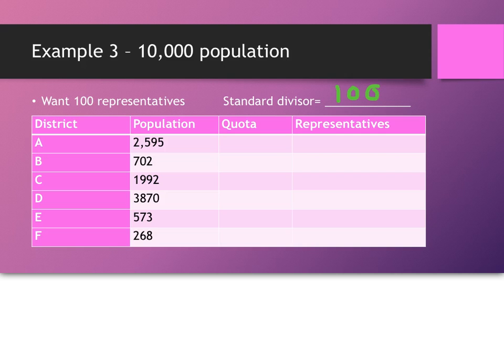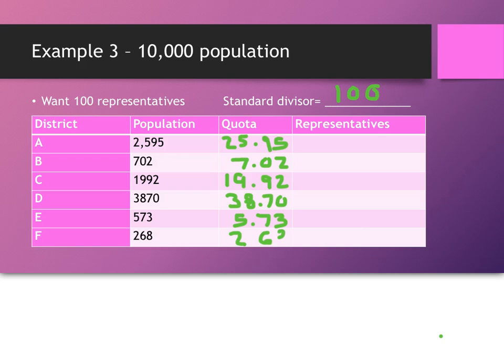Now with 100, the quotas are 25.95, 7.02, 9.92, 38.70, 5.73, and 2.68.